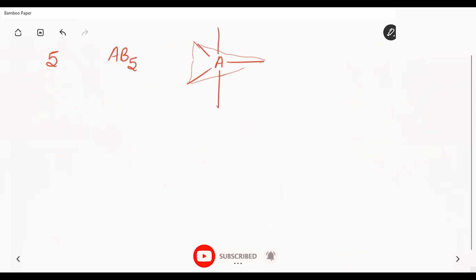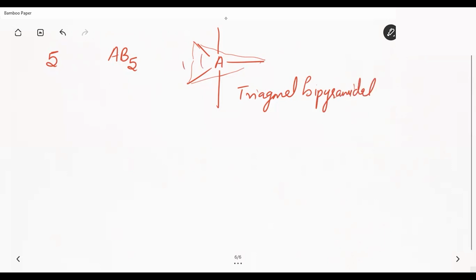This is called a trigonal bipyramidal structure, 5 electron pairs. Here the triangle's angle is 120 degrees and the other is 90 degrees. Two bond angles are here, 120 and 90 degrees.